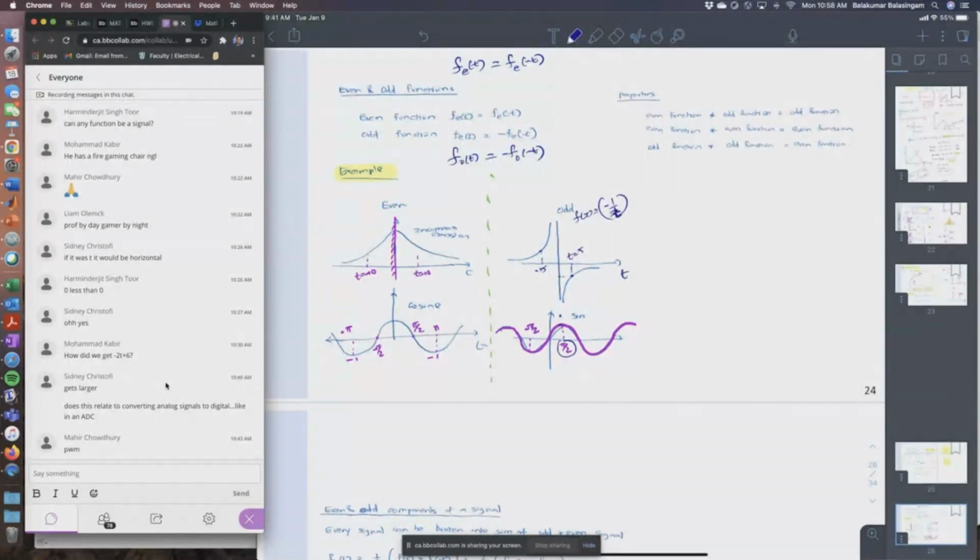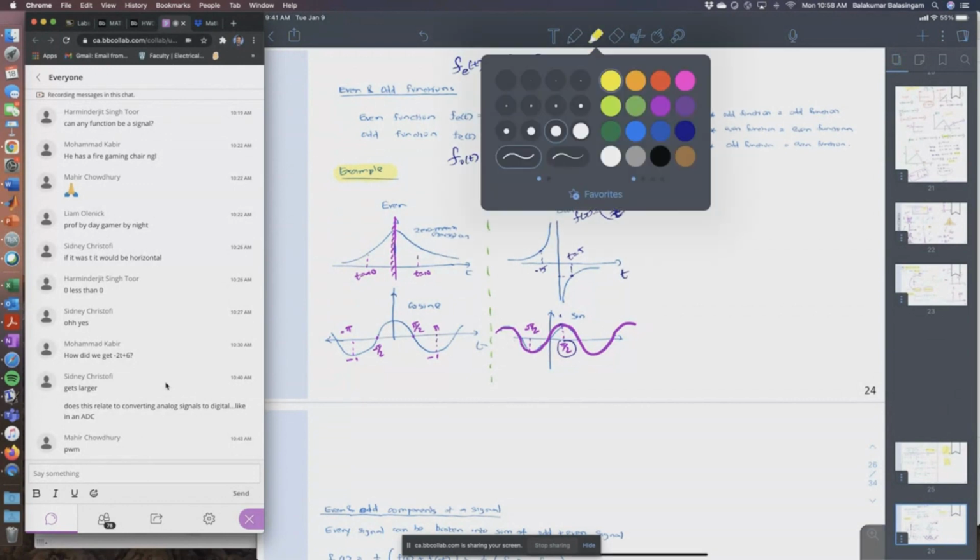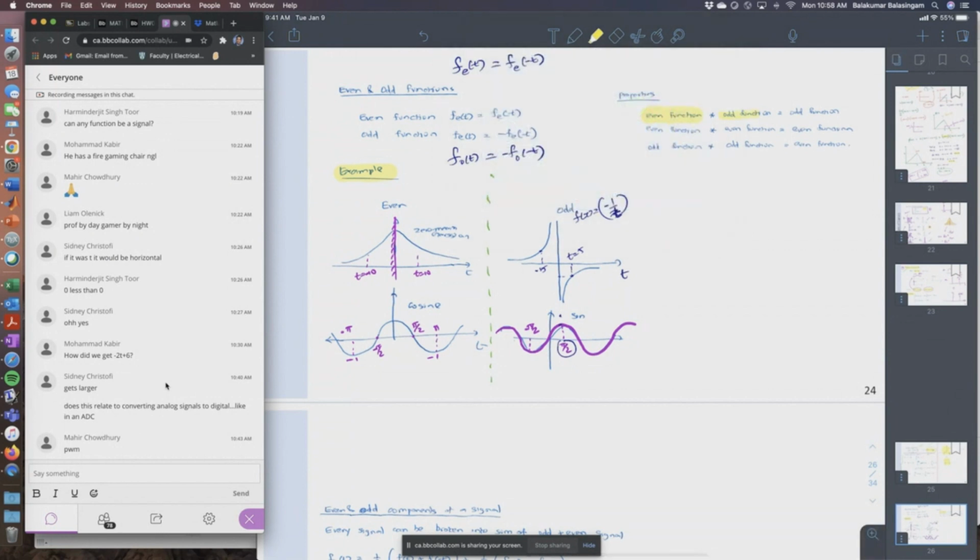There are some properties about this. When you multiply functions, even function times odd function is going to be an odd function. Even times even is even. Odd times odd is even. It is very similar to multiplying signs: plus times plus is plus, plus times negative is negative, negative times negative is plus.